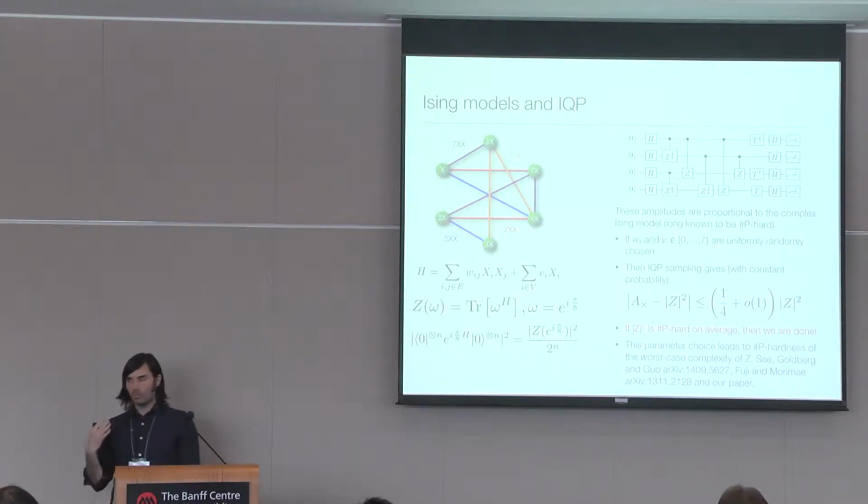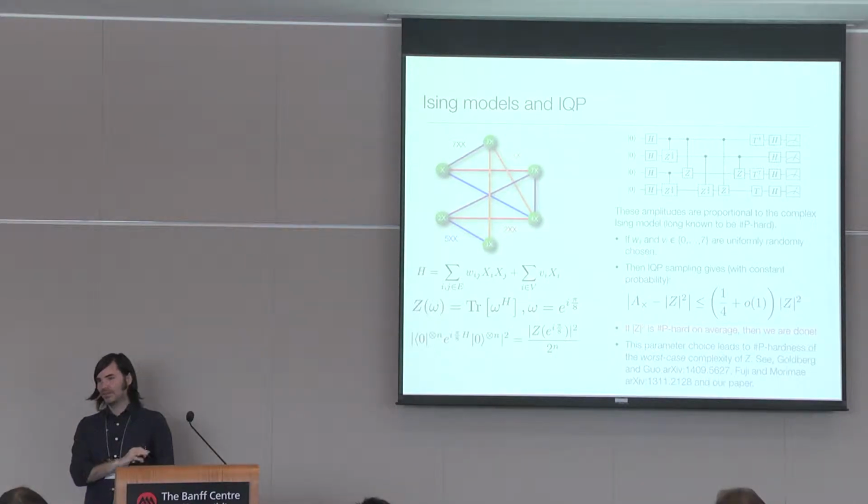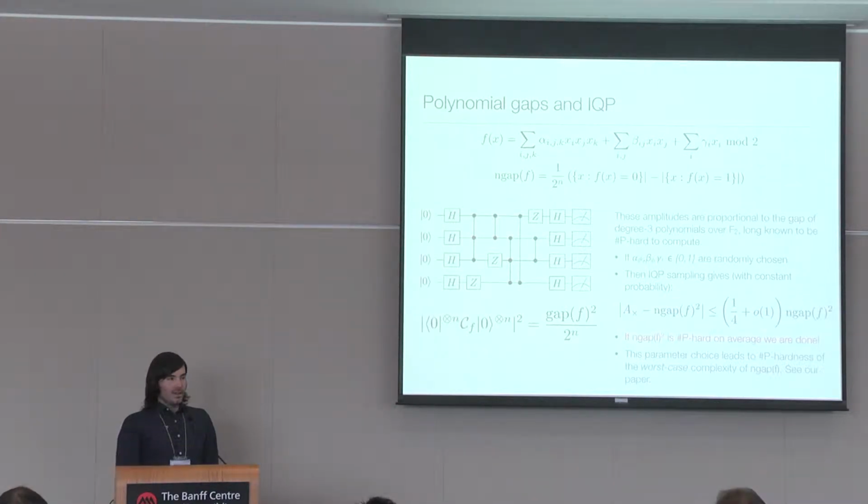Now, we need to make a conjecture here because we actually don't know the average case complexity of this level of approximation for this kind of problem. Where do we get our other conjecture from, for our other circuit class?